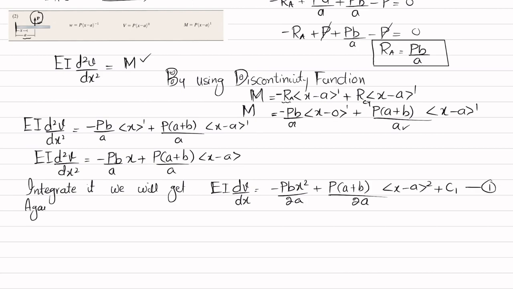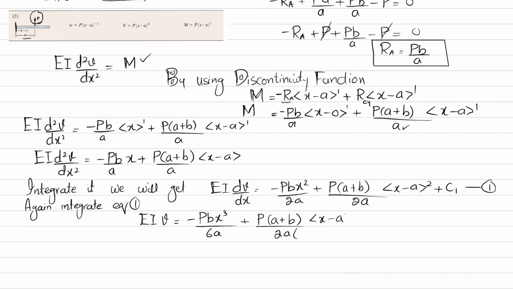Again integrate equation 1, and we will get EI into v, which is deflection, is equal to minus Pb x cubed over 6a, plus P into (a plus b) divided by a into (x minus a) power 3 divided by 3, so that will be 6a, plus C1 x plus C2. So this is your equation number 2.